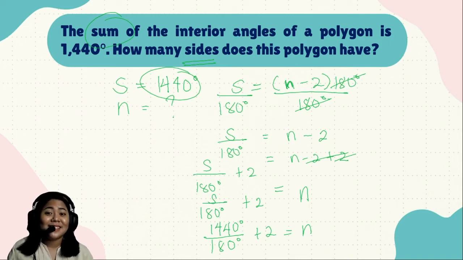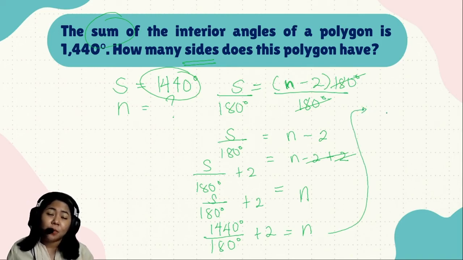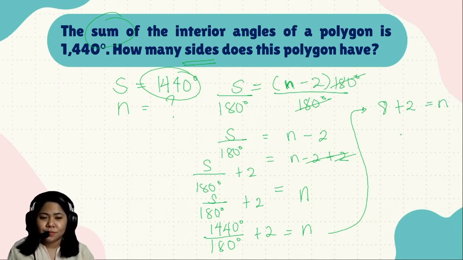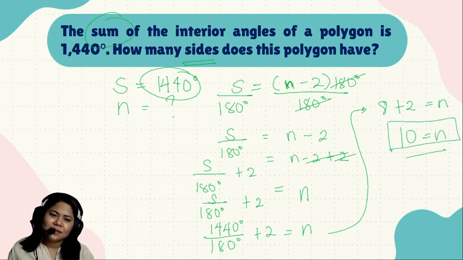That is 8. Okay? So, 1,440 divided by 180 degrees is 8. Do not forget the plus 2 and then the equals n. What's 8 plus 2? 10. So, what's the number of sides? The number of sides is 10.